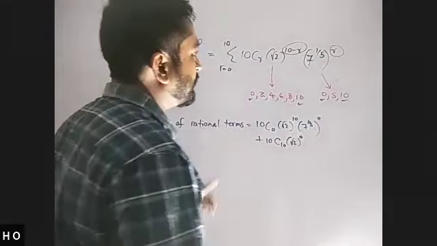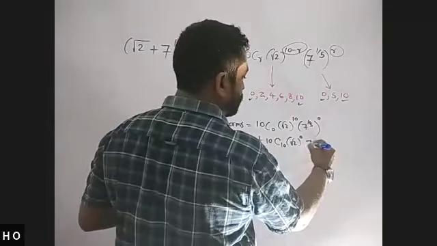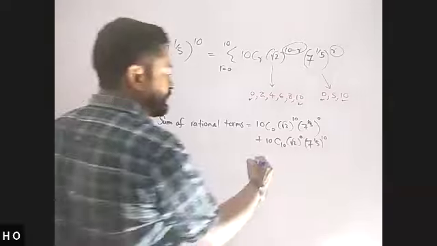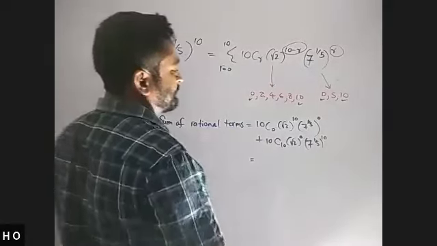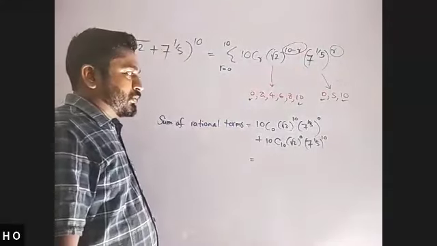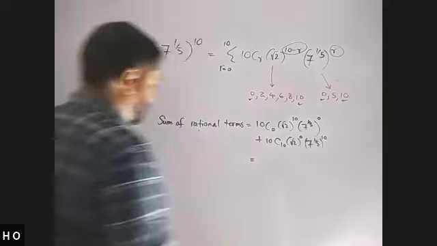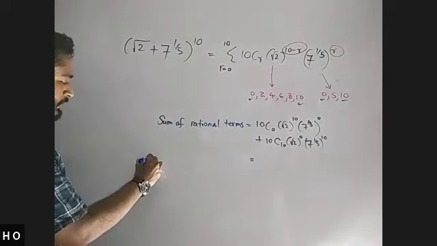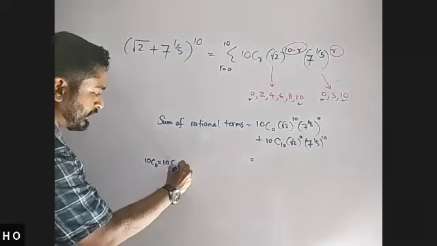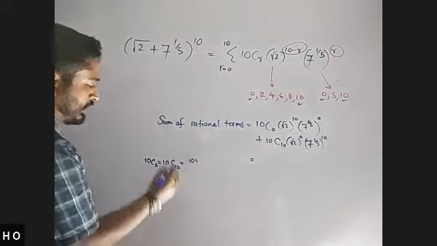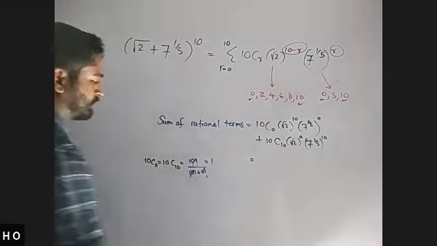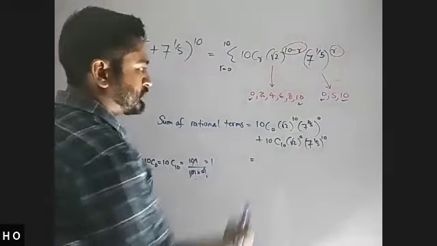And when you substitute 10 there, it is going to be 7 to the power 1 by 5 to the power 10. And by the way, you know that 10 C 0 is equal to 10 C 10. You can calculate on the side that 10 C 10 equals 10 over 10 into 0, which is 1. So this is going to be 1.